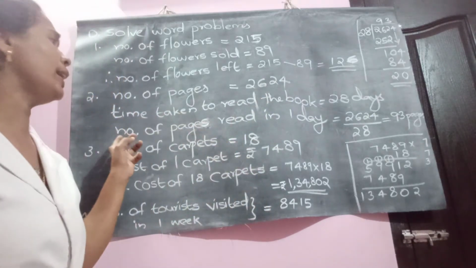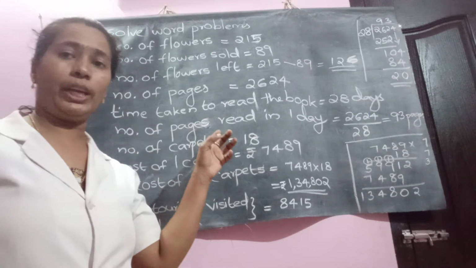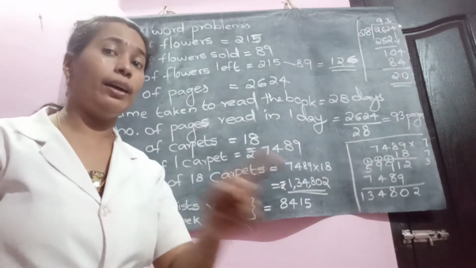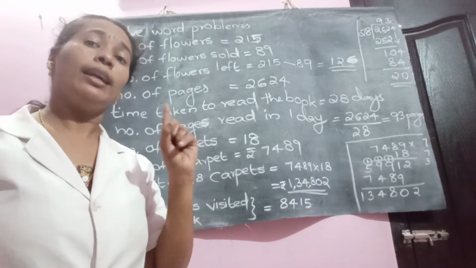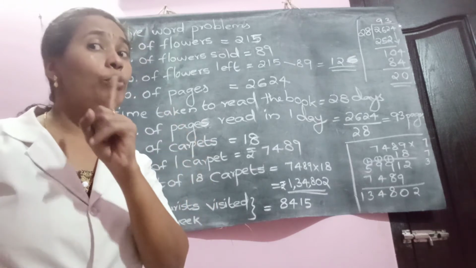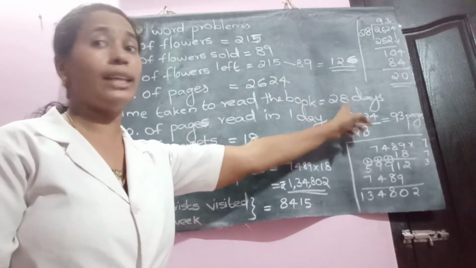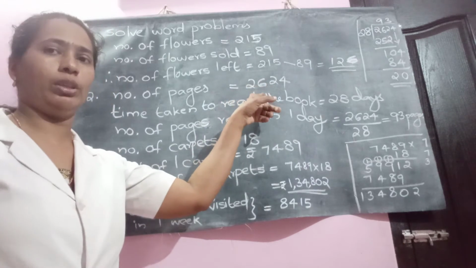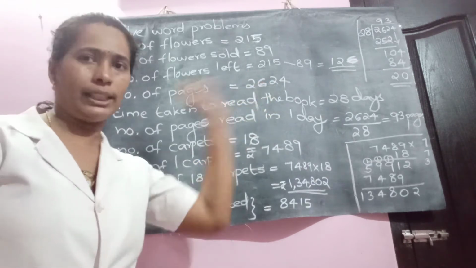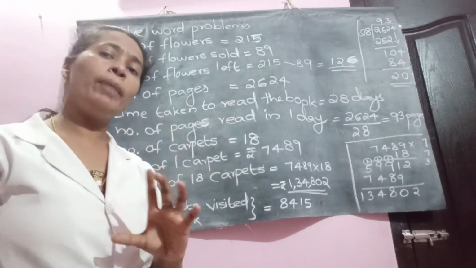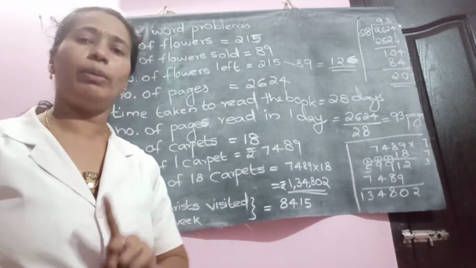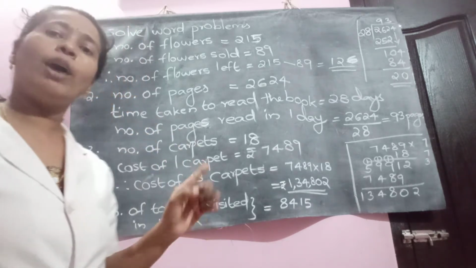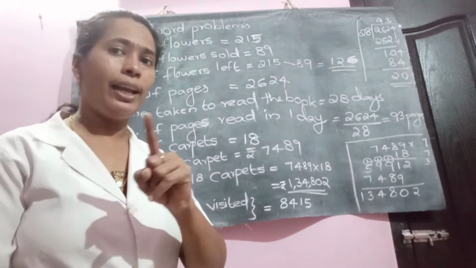But our question is, find the number of pages read by her in one day. Number of pages is already given, so how many pages will she cover in one day? That is our question.